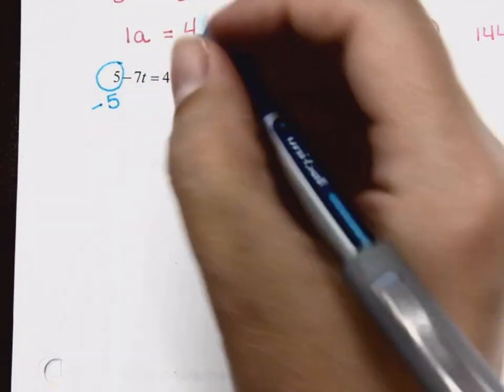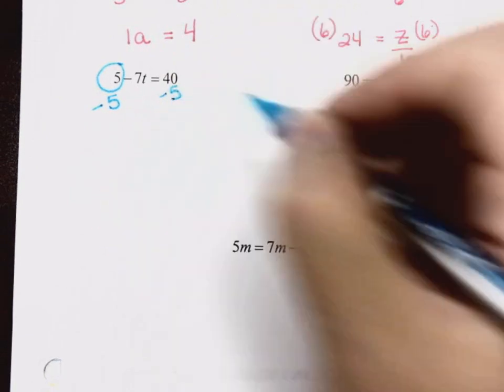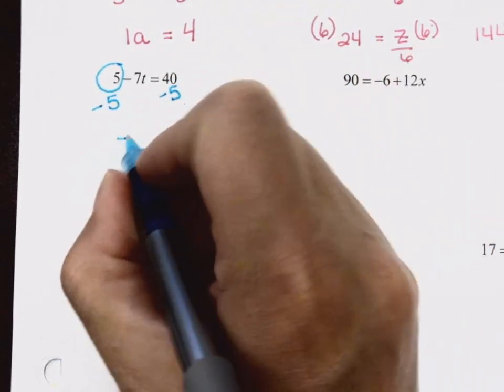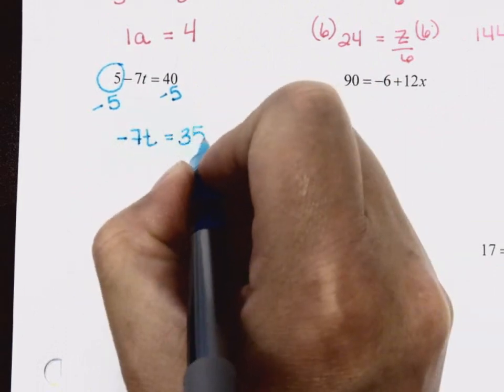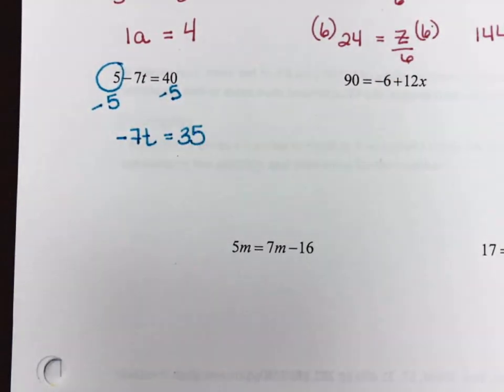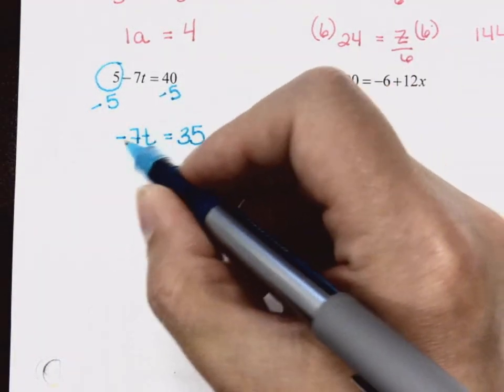So if I minus 5 from this side, I have to minus 5 from this side. So I'm left with negative 7t equals 35. And so this one's a little bit difficult because people want to add, but what's the operation between the 7 and the t? What's happening there?